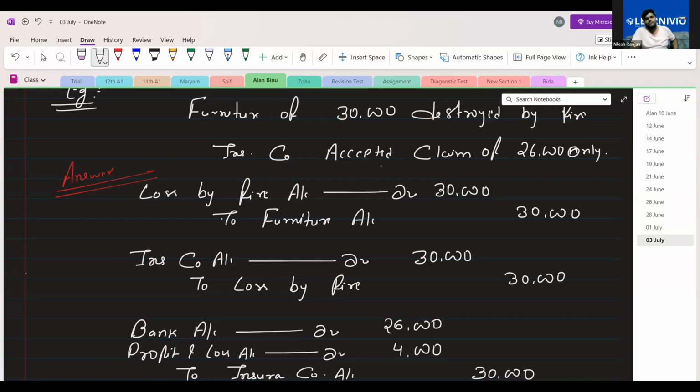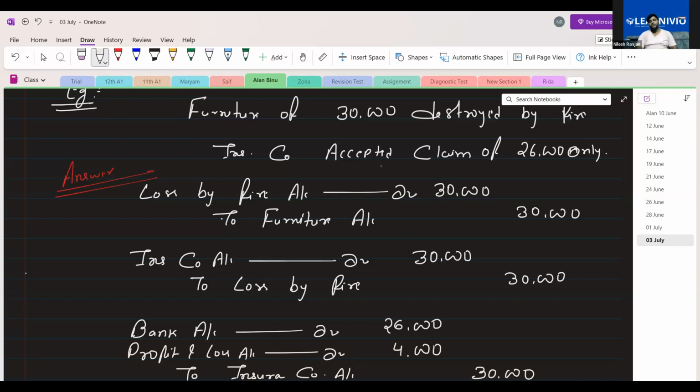Okay. So the first one is why the goods were destroyed. That we have to write. Then we have to write about the insurance company and whether they accepted the claim or not. And then how much they settle, the full claim or only half. The first entry is for loss, then the second entry is for making a claim.